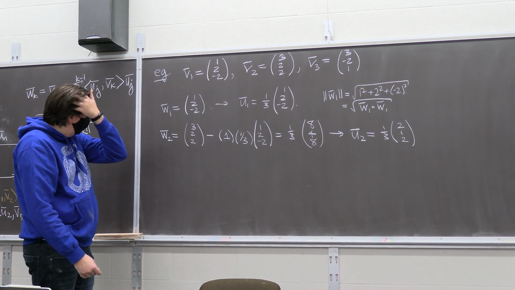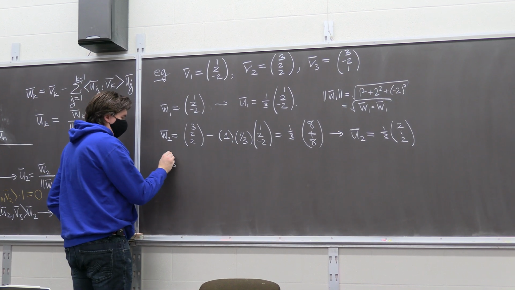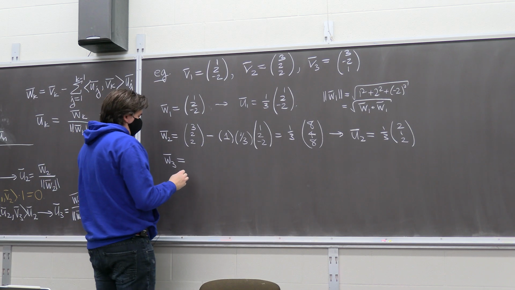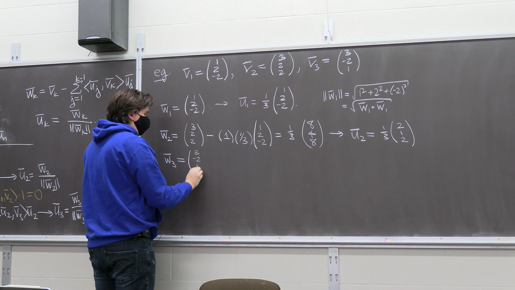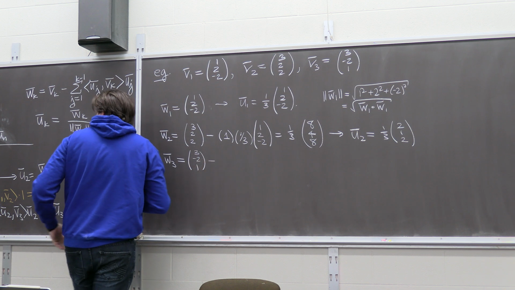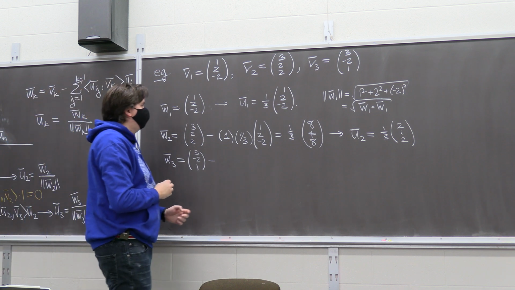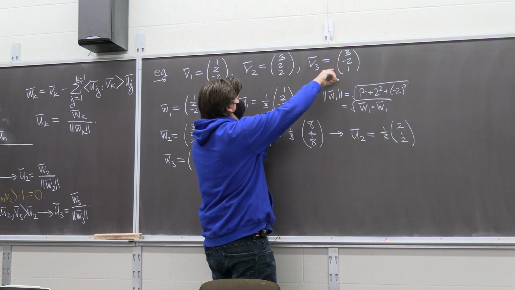Okay. And now let's figure out what W3 is. We began with V3: 3, minus 2, 1. Now we want to subtract the inner product of U1 with V3. That is U1 dot V3.